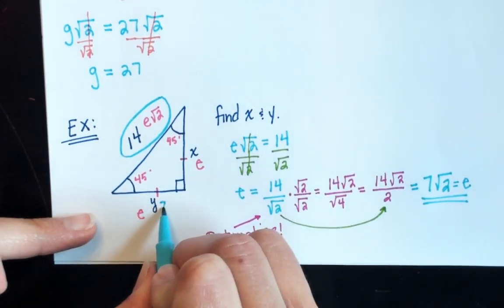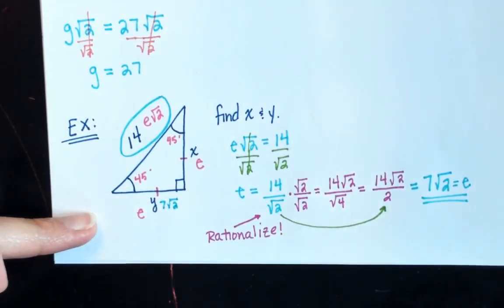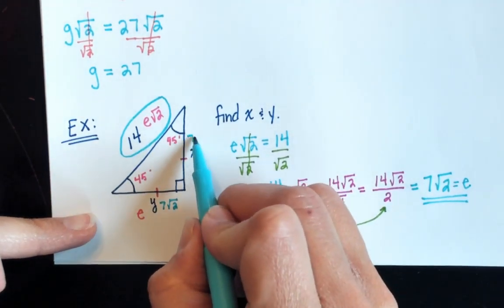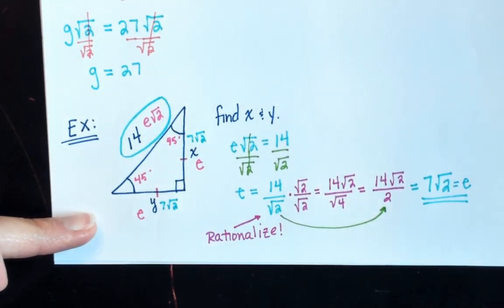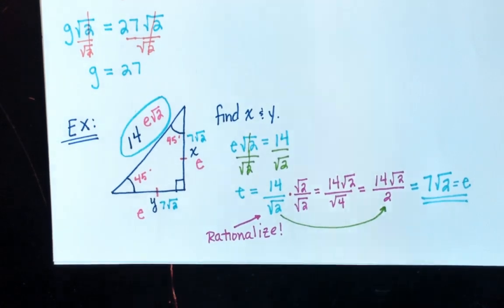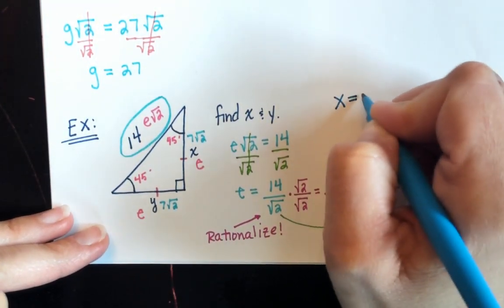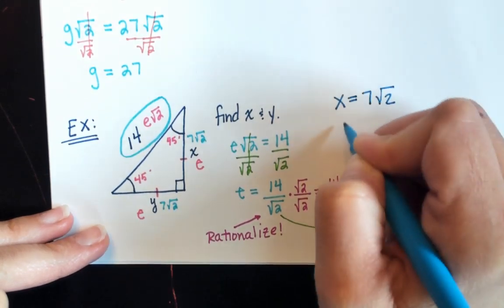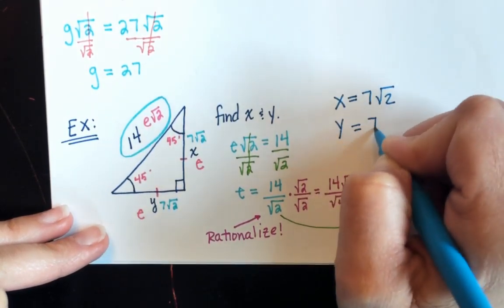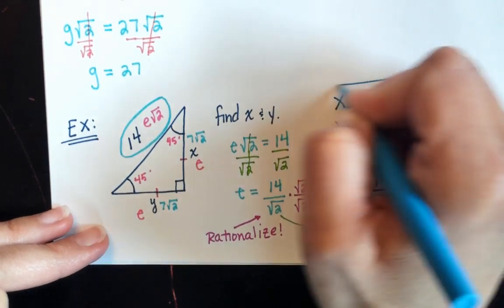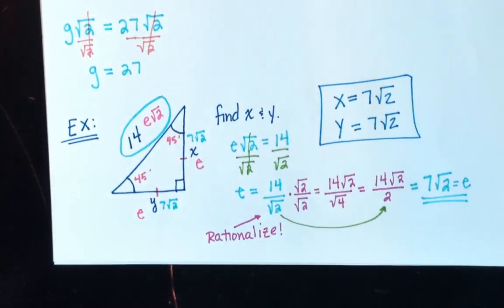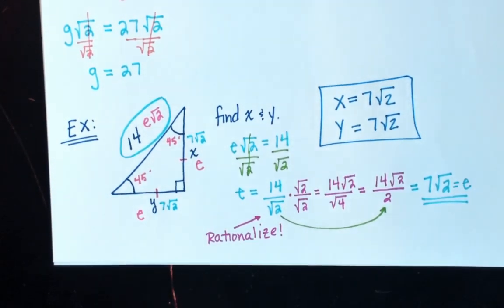So over here is 7 radical 2, and over here is 7 radical 2. So when I write my final answer, x equals 7 radical 2, y equals 7 radical 2, and I box it in so there's no question what my answer is.